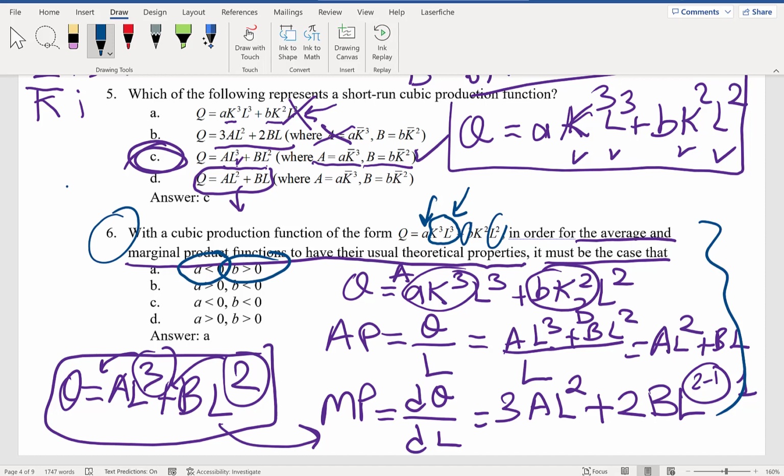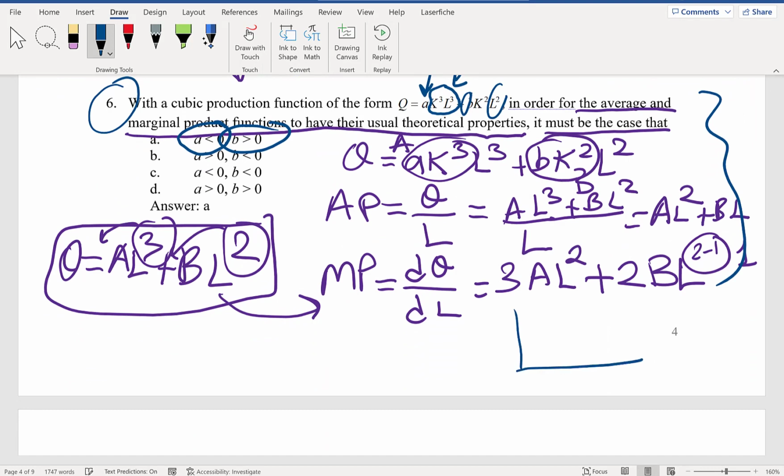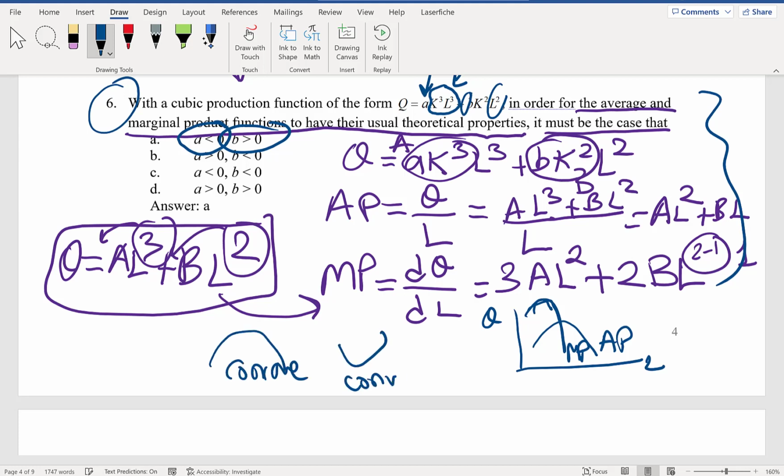It all comes from the fact that we need the average product and marginal product curves, with labor on the horizontal axis and quantity on the vertical, to have a concave shape. This is concave, and this is convex. You want a concave shape.